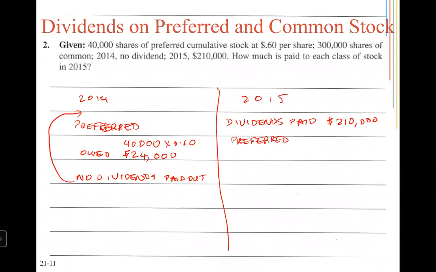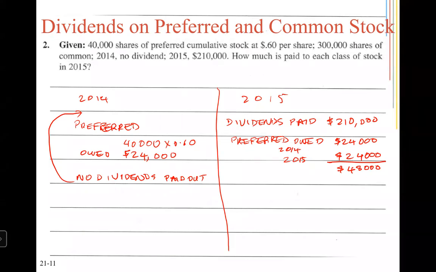They're owed 24,000 for 2014, and then for 2015, they're also owed another 24,000. So altogether, they're owed $48,000. All right. So what are we going to do with that information?